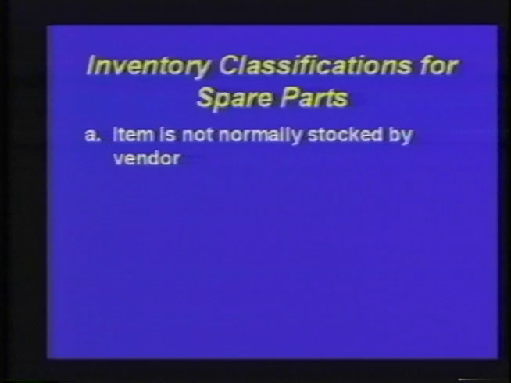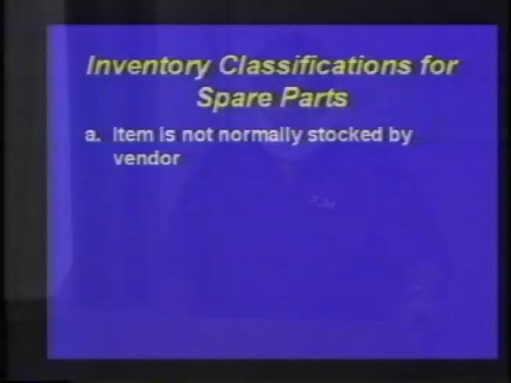As 1A indicates, the item is not normally stocked by the supplier, which means that when you establish the min-max requirements, you've got to make certain that you understand the vendor's lead time, because in some rare cases, you may want to have the max be 2, the min be 1, the order quantity still be 1.